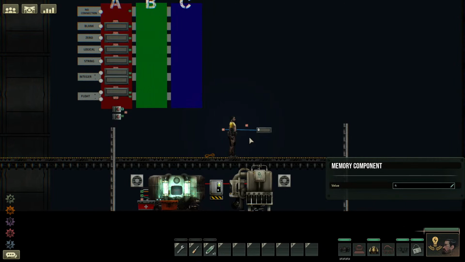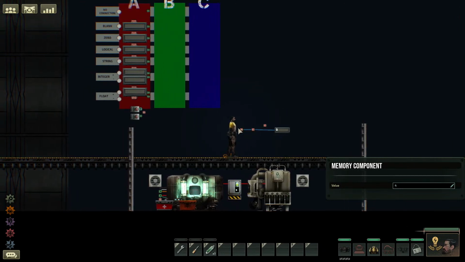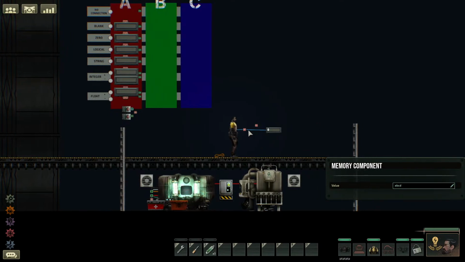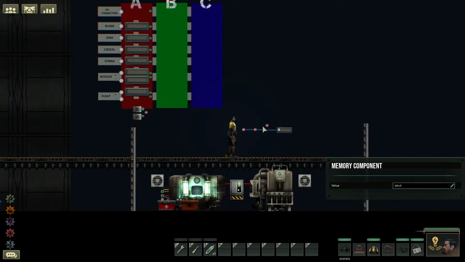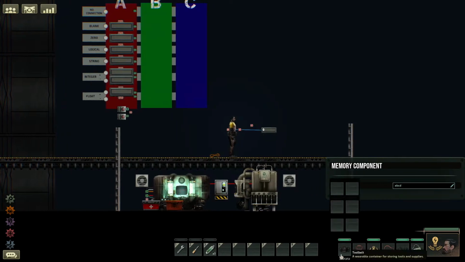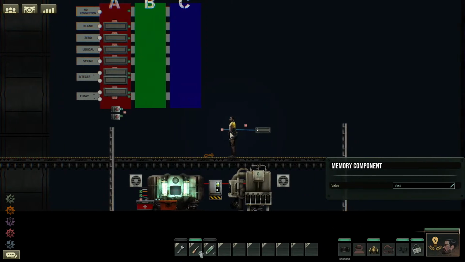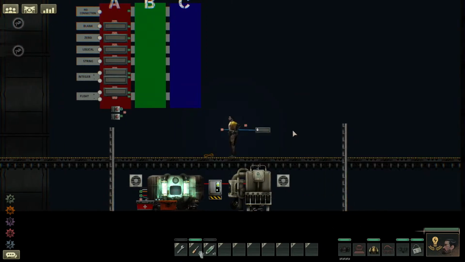Whatever the logical value of the signal going in, if we set this to A, B, C, D, that's a non-zero value, so logically it's still a 1. It's still true.